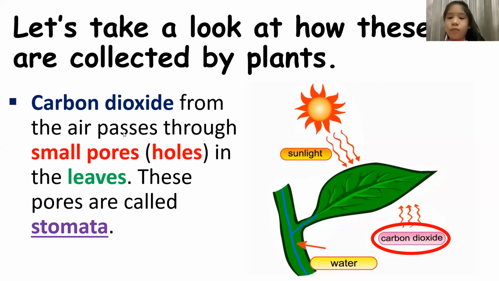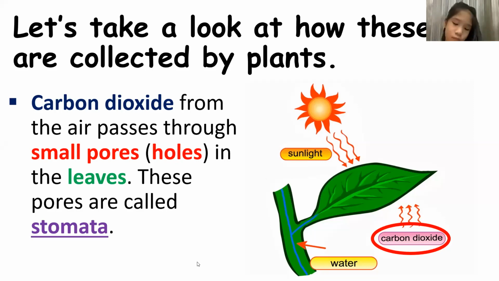Carbon dioxide from the air passes through very small pores. What are pores? Pores means holes, little dots in leaves. Carbon dioxide will pass through small holes in the leaves.